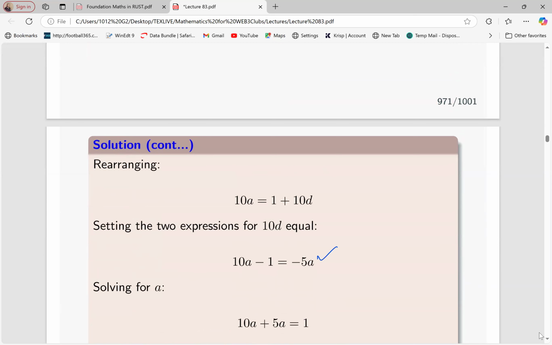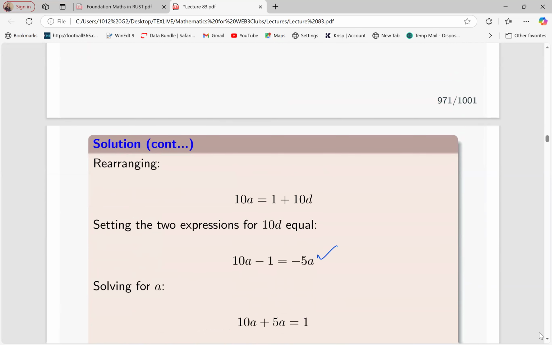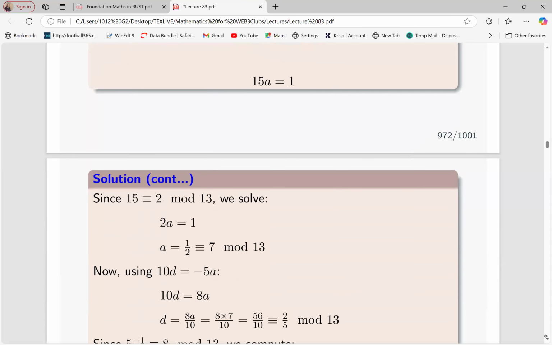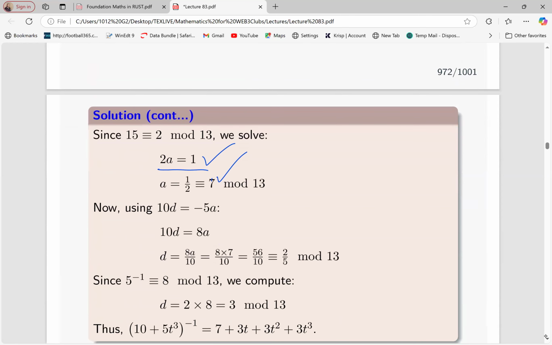I'm just rearranging, but it's the same thing I've already explained, so that we reached here where 2a was 1, a was a half, and a then became 7. And so from there, you now come and find d or b. In this case, I wanted to find d. Of course, d and b are the same.